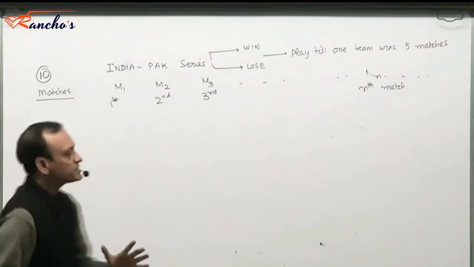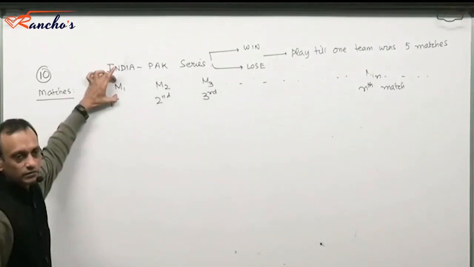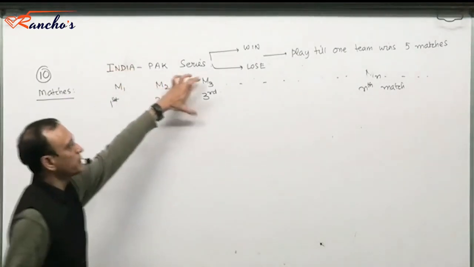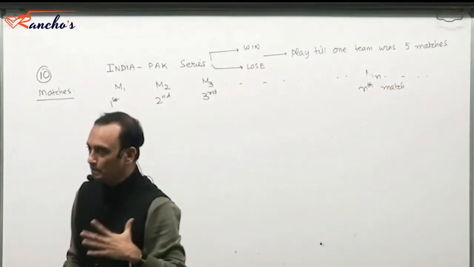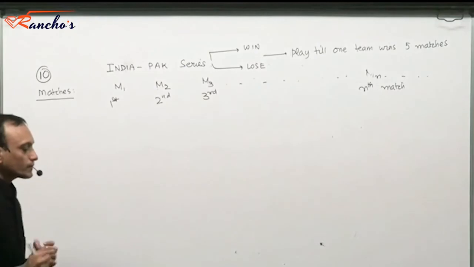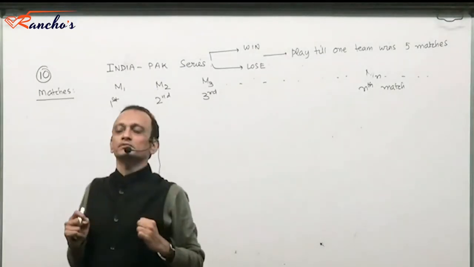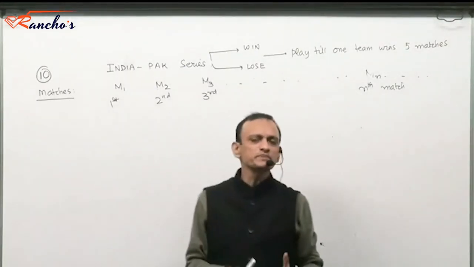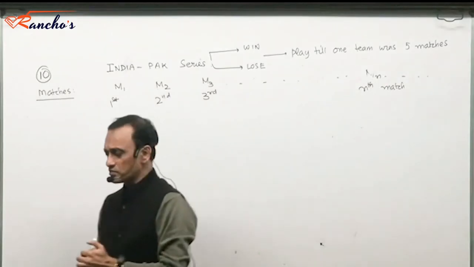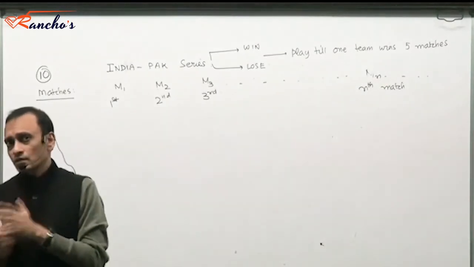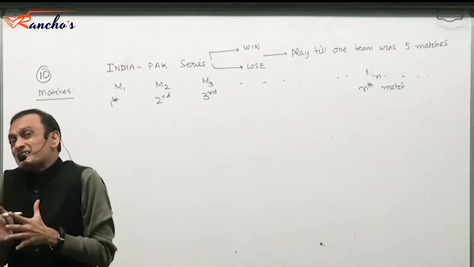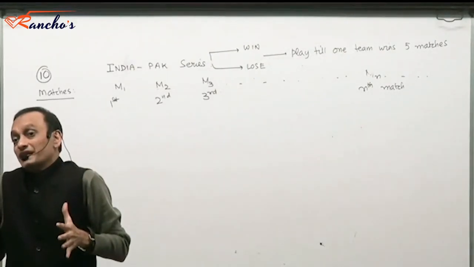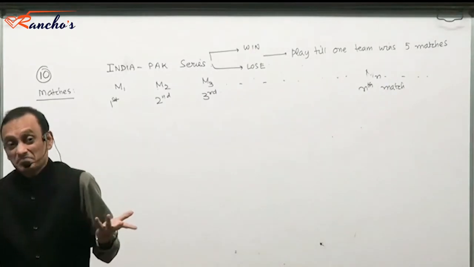So I designate the first match by M1, the second match by M2, the third match by M3, the nth match by Mn. One very simple little observation in this context of the problem is that eventually the maximum number of matches that can be played is 9, isn't it?